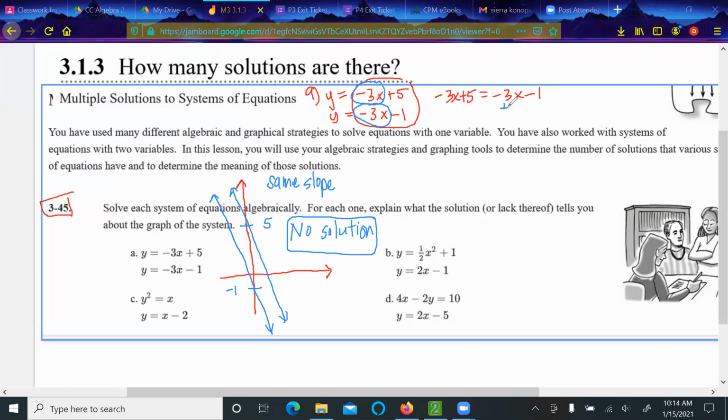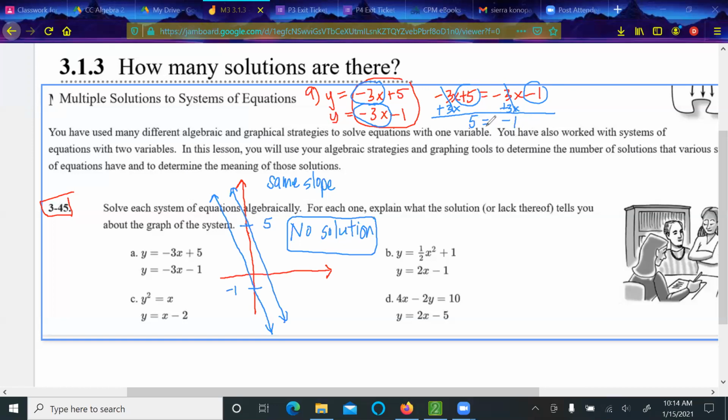If I add 3x here and I add 3x here, the x is going to cancel out, and so is this x, because we have a negative 3x and a positive 3x. So all we're going to have left is 5 equals -1.